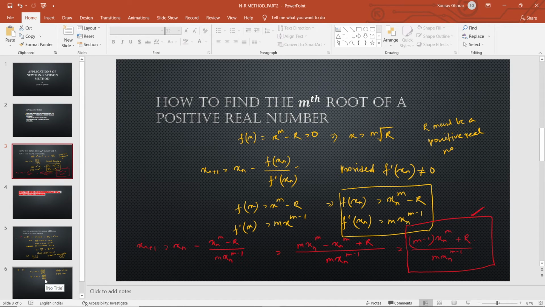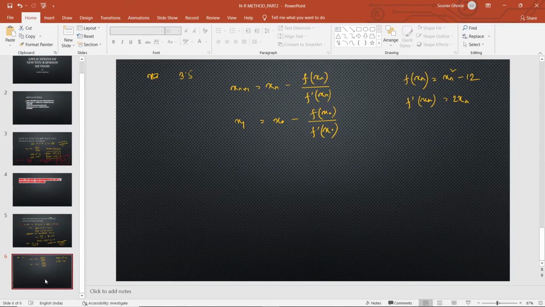I will show it here again. xn plus 1 is equal to xn minus (xn square minus 12) divided by 2xn.